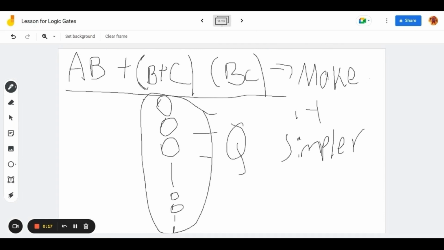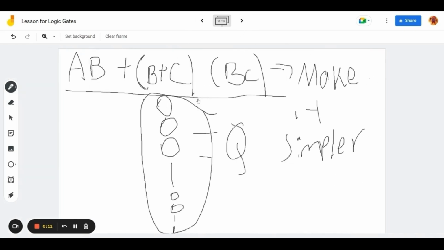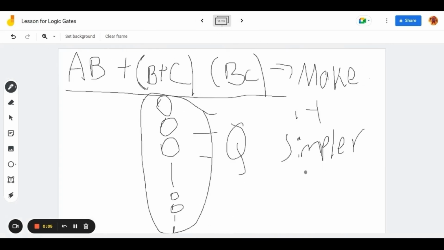Now, keep in mind, before we start Boolean algebra, you need the equation. You can either have the schematic or the actual equation itself. If you have the schematic, you have to draw it out.